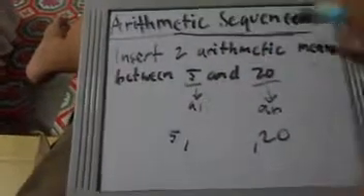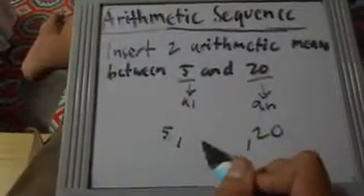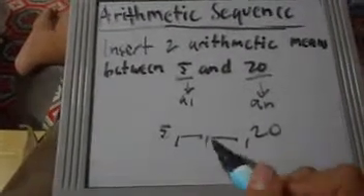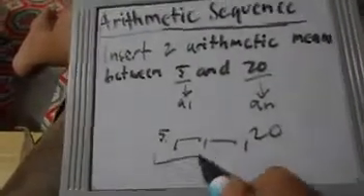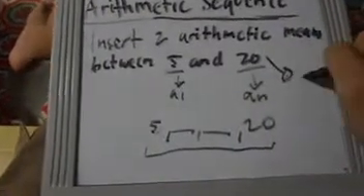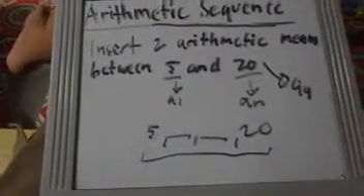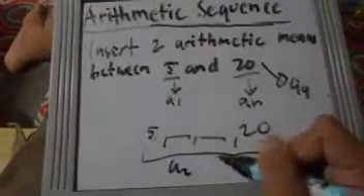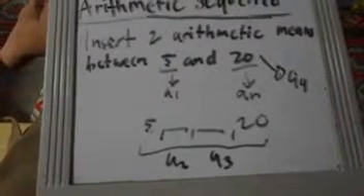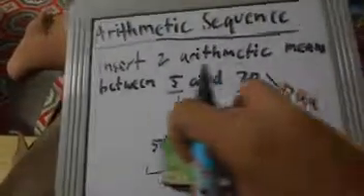Since we are asked to insert two arithmetic means, we'll put two blank spaces between them. As you can see here, there are 4 terms. Therefore, 20 will become our a sub 4, and the second term and the third term will become our arithmetic means.